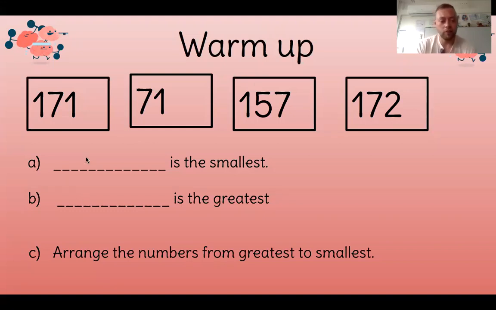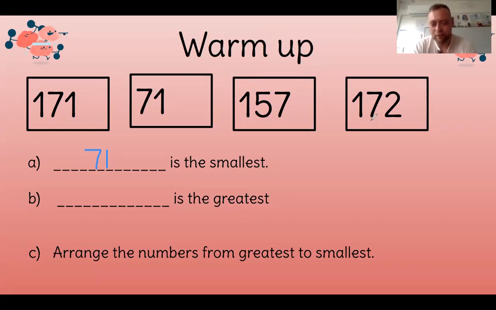So I know that 71 is the smallest. Why is 71 the smallest? Because it's got no hundreds. Because it's got no hundreds, it's got to be a smaller value. Awesome. And what's the greatest? So now I need to look, okay, every number has hundreds. This one has 5 tens.